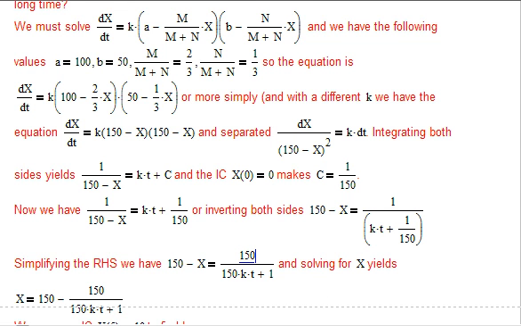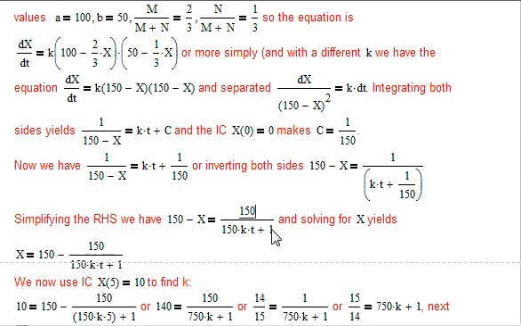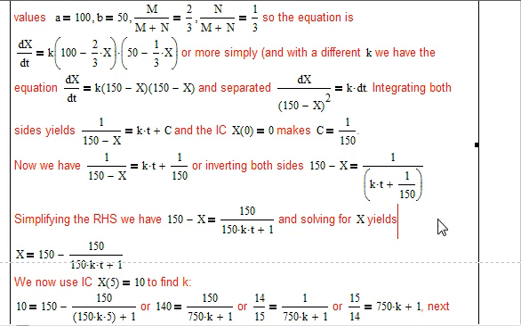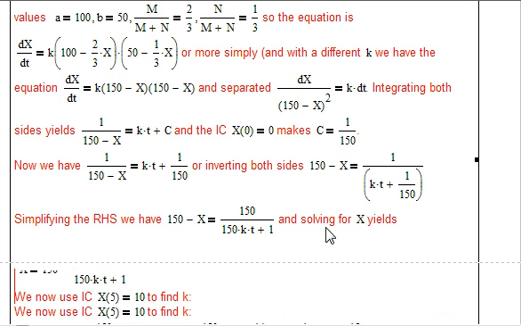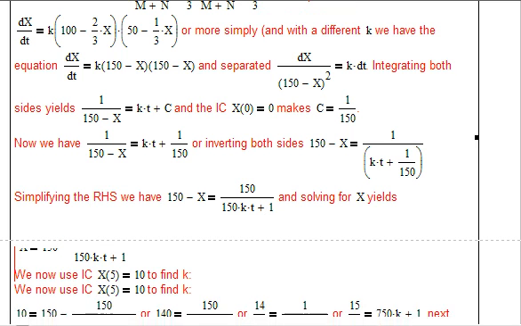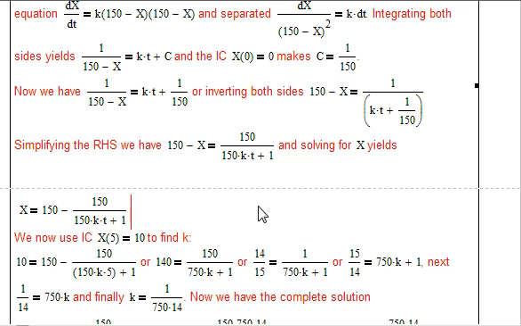And solving for x, we're almost there. All we have to do is subtract the 150 and then multiply both sides by negative 1. So x equals 150 minus 150 over 150kt plus 1.